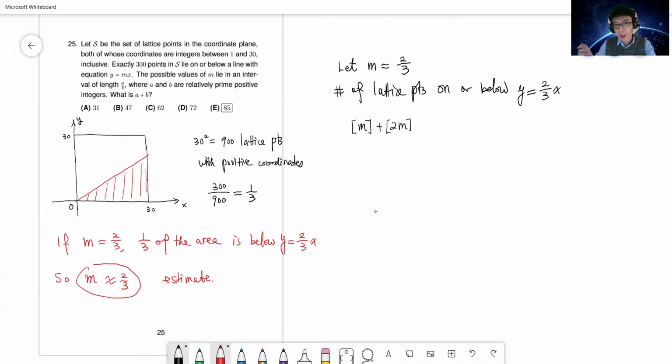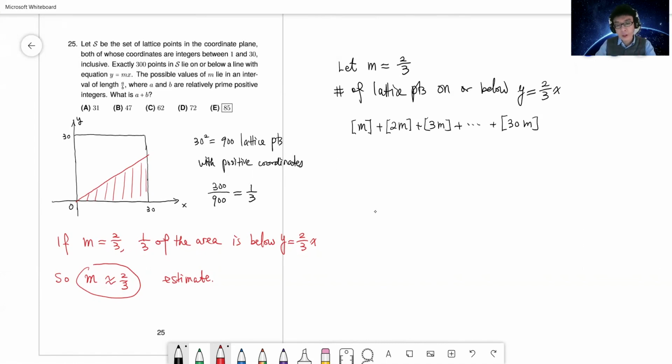That's the number of lattice points on this line. Similarly, we consider 3m, that's the line x equals 3. How many lattice points on this line below y equals mx? So the total number of lattice points is the summation up to 30m.